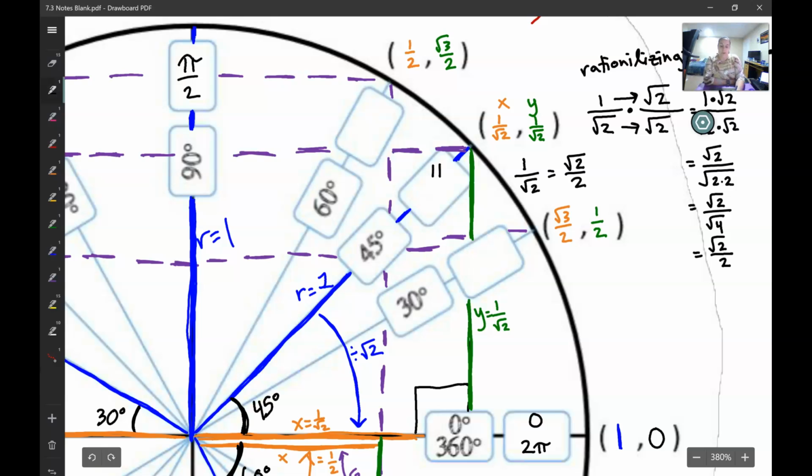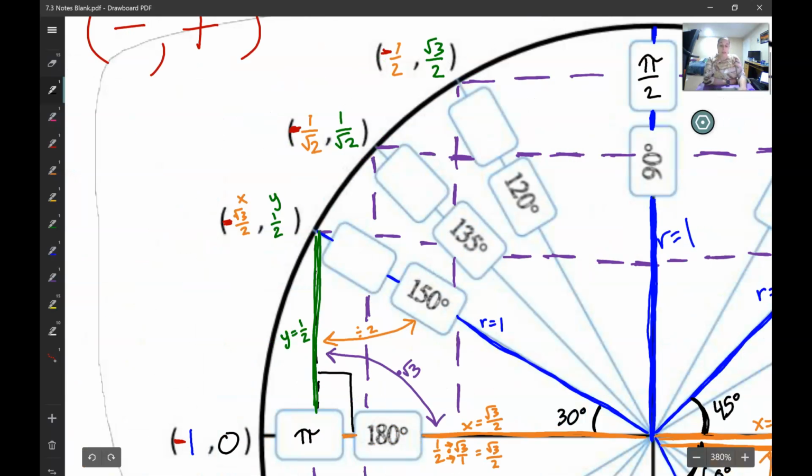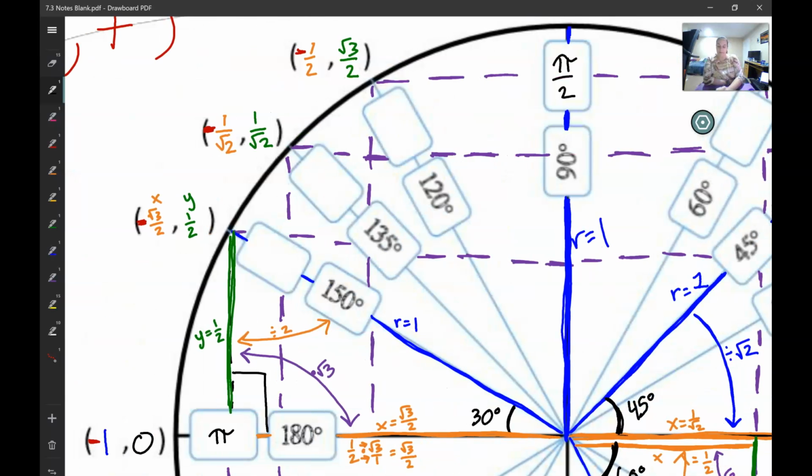Well, that's going to be 1/4, or pi fourths. Let's do the same thing over here. What's halfway between 1/2 and 1 whole? Think of your ruler. Well, that is 3/4, or 3 pi fourths.